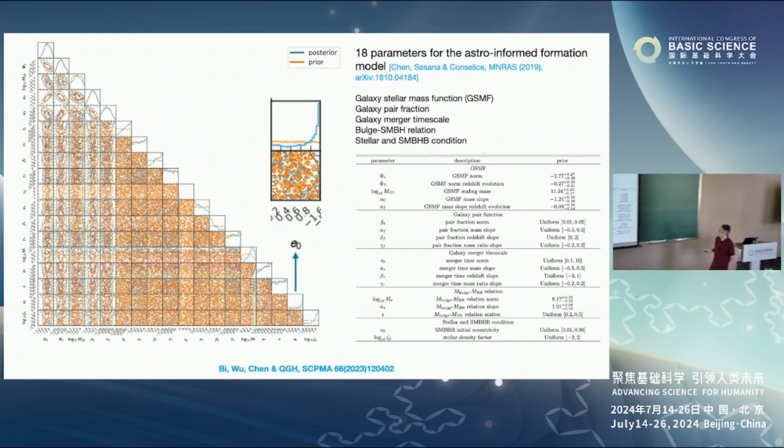Only one thing I want to stress: we try to constrain the initial eccentricity of the supermassive black hole binary. If we find the dataset prefers a large initial eccentricity, it implies that in the future, when we search for individual supermassive black hole binaries, we should take the eccentricity into account.